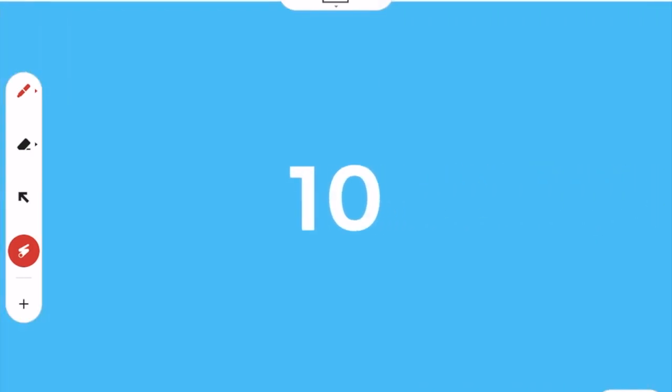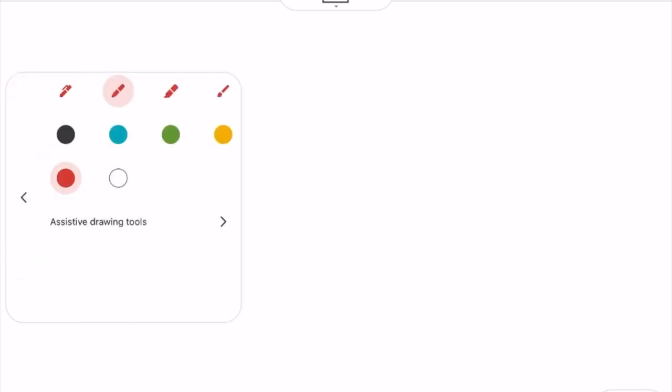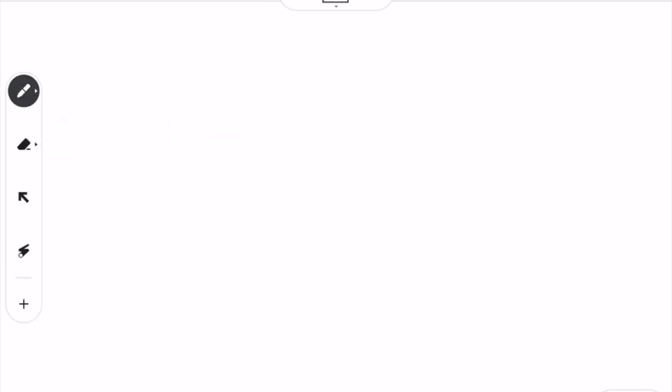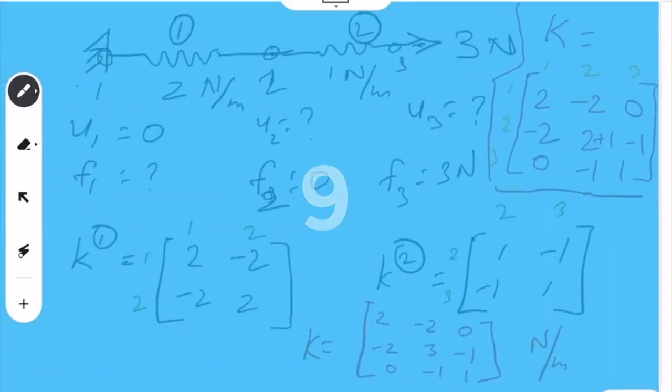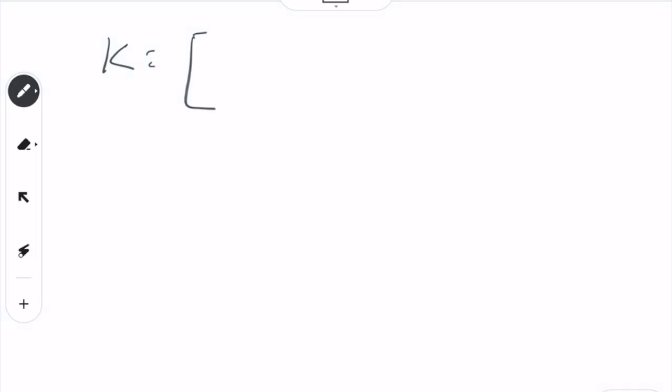So our equation is basically the K we have so far, which is 2, minus 2, 0; minus 2, 3, minus 1; 0, minus 1, 1.